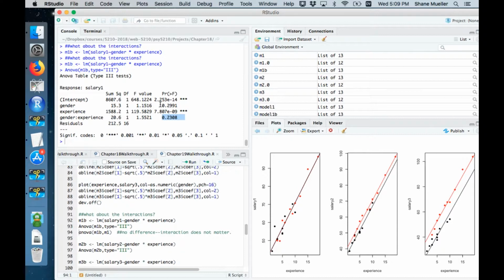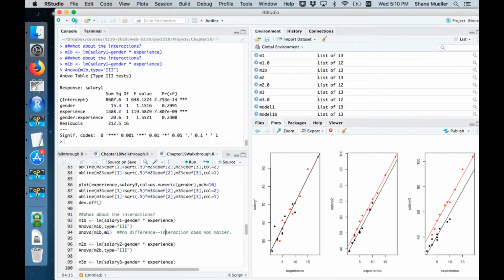But now this gender effect is being considered after the interaction, in comparison to the model with the interaction. So it's like the experience plus gender, experience-gender interaction, versus the experience, gender-experience interaction and gender. Those are the two models we're comparing to get that.